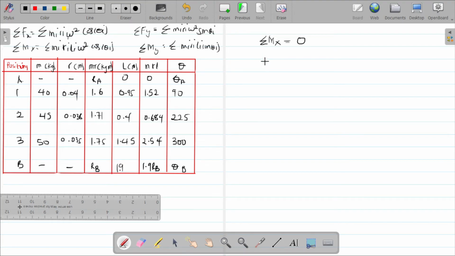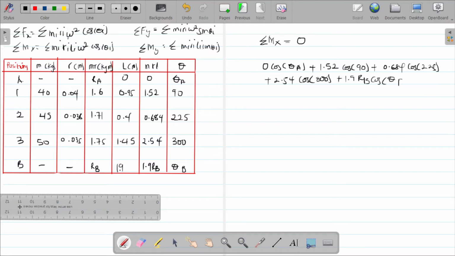Right, so we have 0 cos theta A plus 1.52 cos 90 plus 0.684 cos 225 plus 2.54 cos 300 plus 1.9 RB cos theta B is equal to 0.